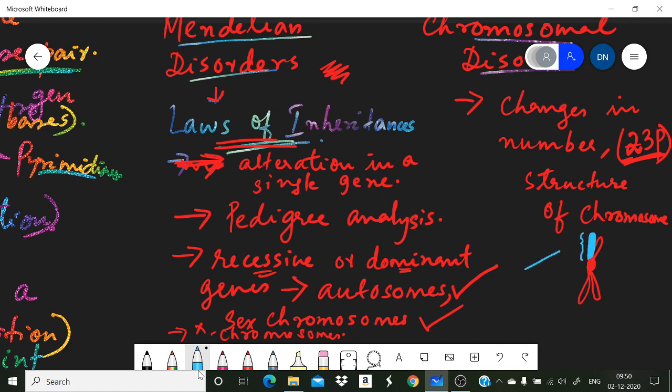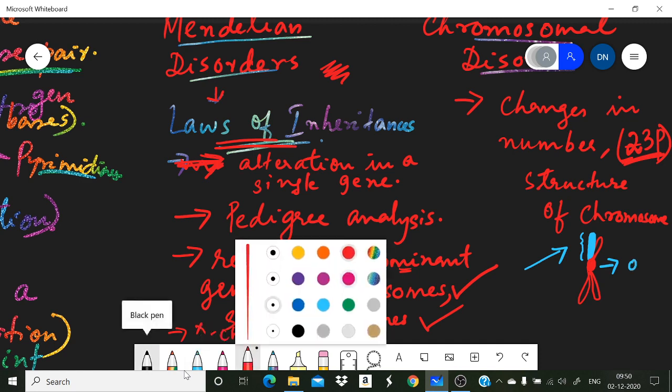And if any mutation occurs and this arm, this chromatid of the chromosome, got injured, what happens?